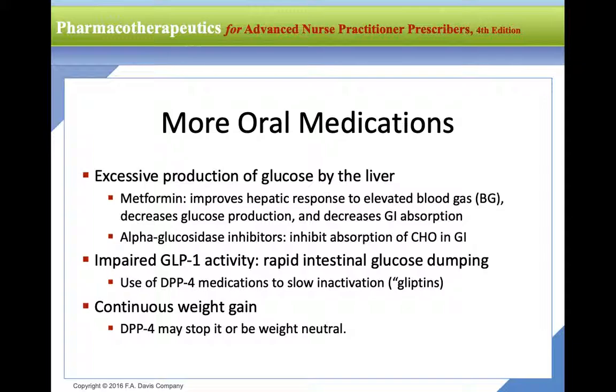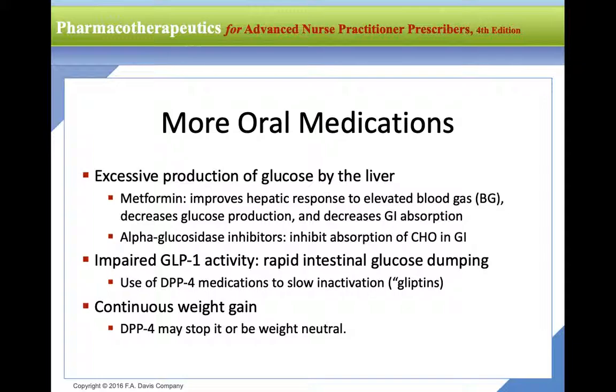You also have excessive production of glucose by the liver, which is what metformin, your biguanide, targets. Impaired GLP-1 activity can cause rapid intestinal glucose dumping. So use DPP-4 inhibitors or GLP-1 agonists to increase GLP-1. GLP-1 is a hormone that's activated when a patient eats, and DPP-4 is the enzyme that breaks down GLP-1.